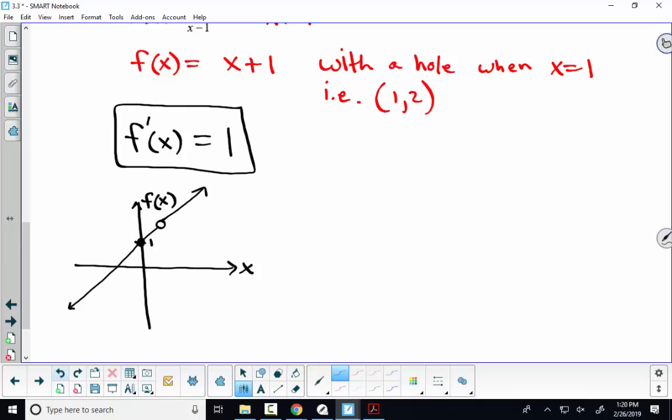Sorry, my line is terrible. So the derivative exists as long as we're not asked to find the derivative at the point 1, 2, because there is no point at 1, 2. Do y'all have any questions on that?